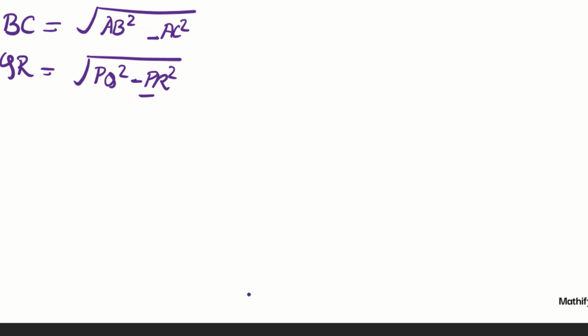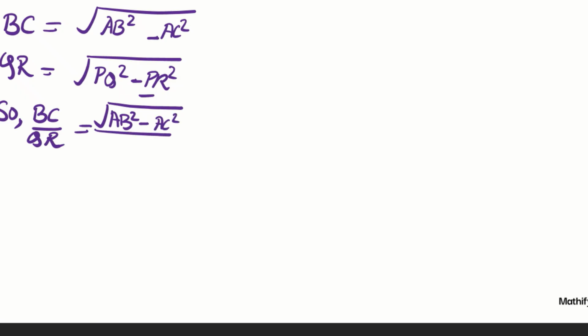So BC over QR will give you square root of AB square minus AC square over square root of PQ square minus PR square.